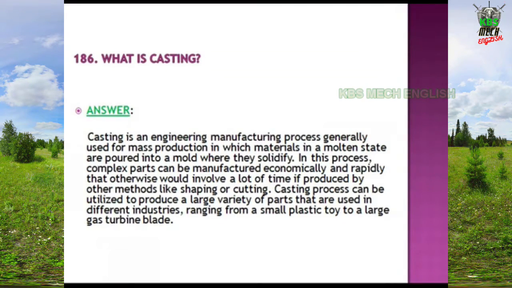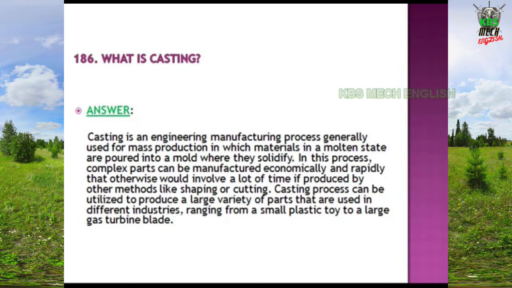Question number 186. What is casting? Answer. Casting is an engineering manufacturing process generally used for mass production, in which materials in molten state are poured into a mold where they solidify.